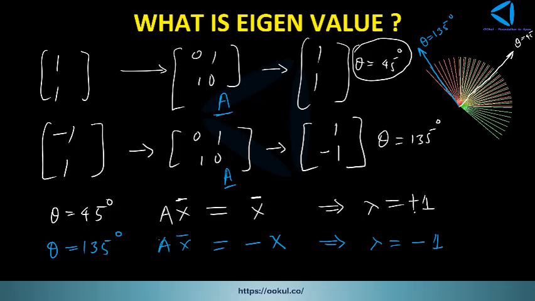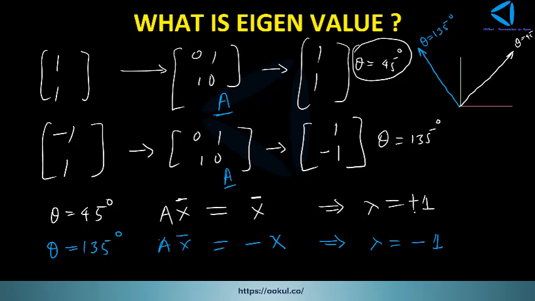If both directions are opposite, your lambda will be negative, right? So this is about the positive and negative eigenvalues.